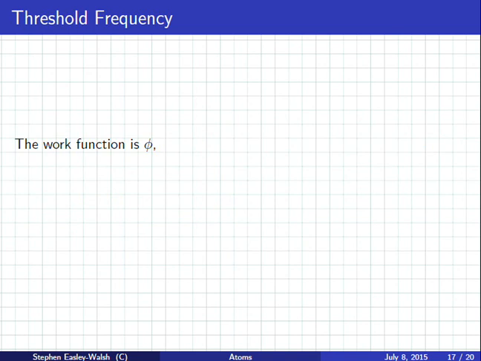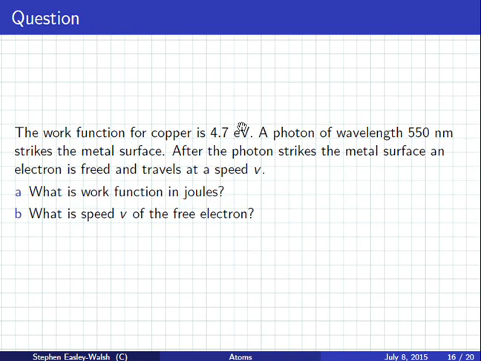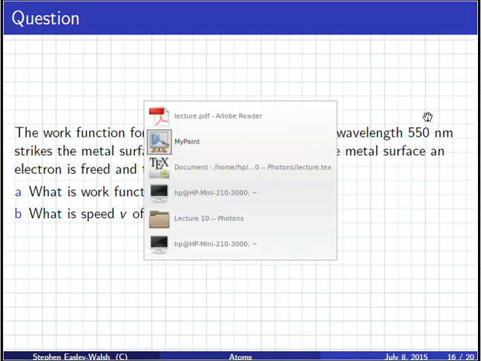Okay, so let's have a look at those. Let's do that together. We need our calculator. Can you just write the numbers down? This is the work function and this is the wavelength. You really just need the numbers here. So let's draw this.